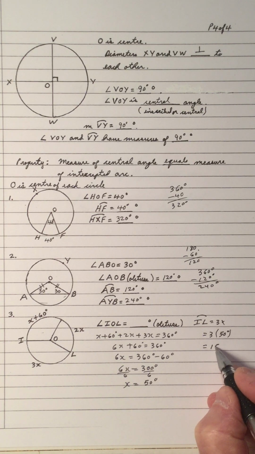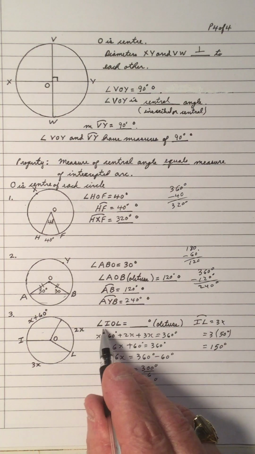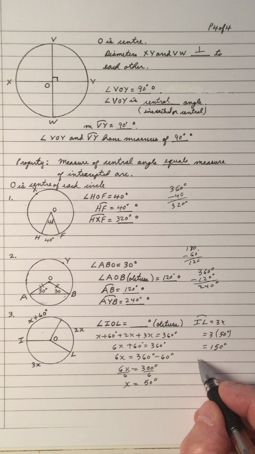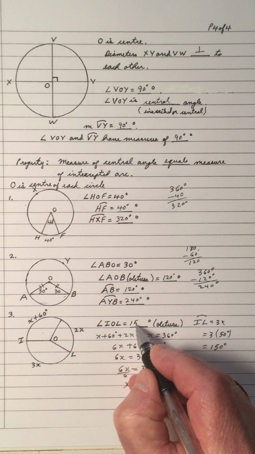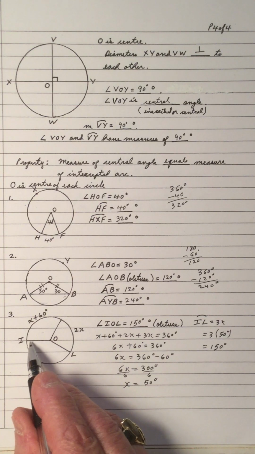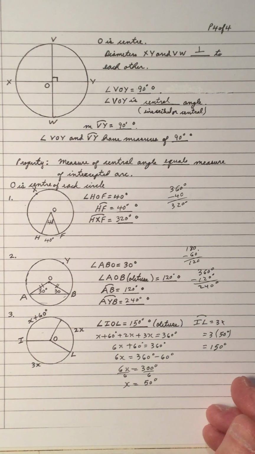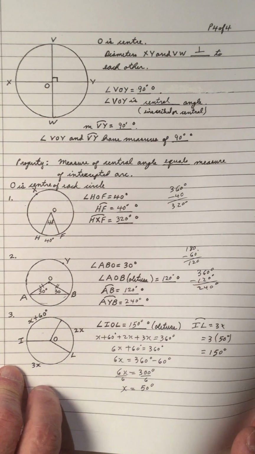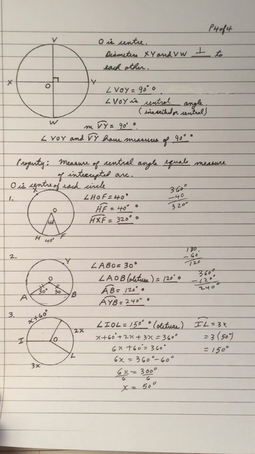So the arc is 150. This angle, IOL, is cutting off this arc. So that means the angle is 150 degrees, because the central angle is the same size as the intercepted arc.